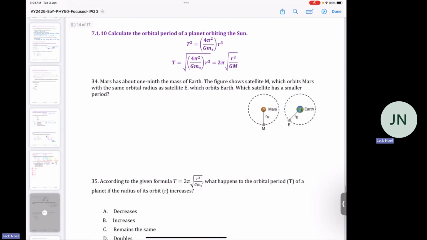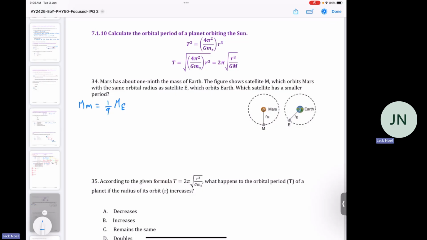Now, number 34. They said Mars's mass is 1/9 of Earth's mass, so the mass of Mars equals 1 out of 9 the mass of the Earth. And we have two satellites, one orbiting Mars and the other orbiting Earth. Do we need the masses of those satellites?